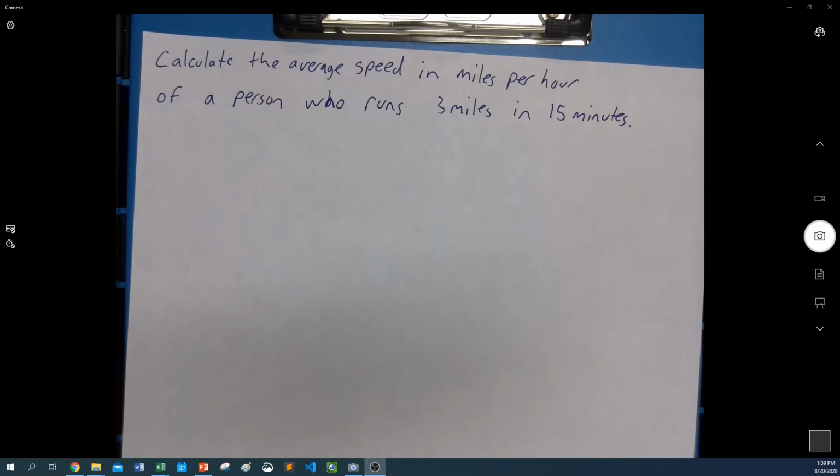So calculate the average speed in miles per hour of a person who runs 3 miles in 15 minutes. Wherever you want for your notes.